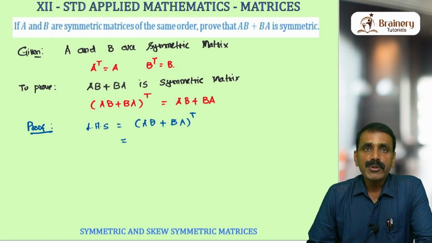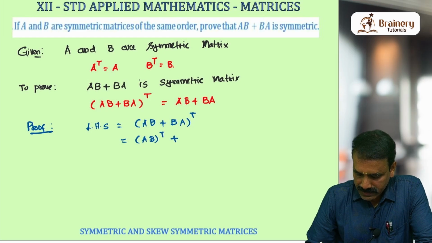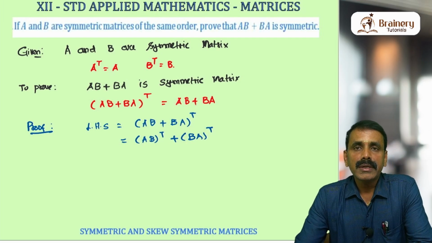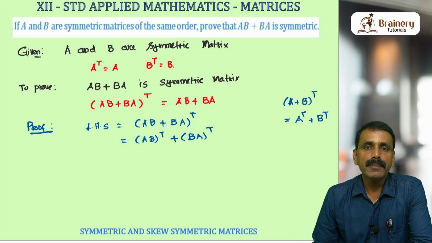By the property of transpose of a matrix, this can be rewritten as AB whole transpose plus BA whole transpose. Is it clear? That is, A plus B whole transpose can be rewritten as A transpose plus B transpose. Very simple.